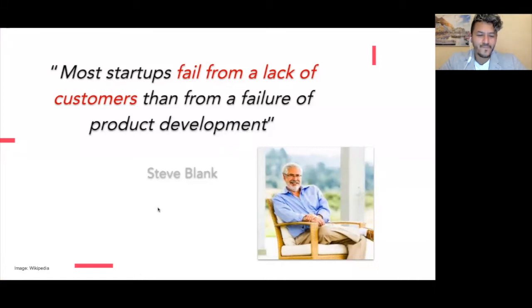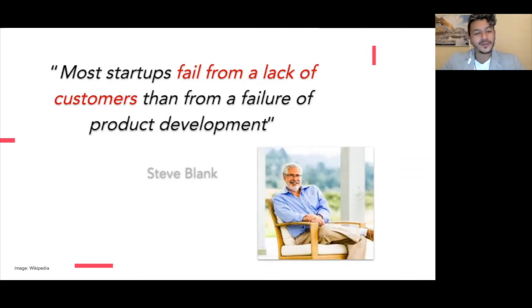Most startups and businesses fail not because they don't have the capacity or the ability to build a product. Most business owners and entrepreneurs build something. That's not the biggest issue. The biggest issue is not having enough customers that want to use, but also want to pay for a specific solution, a specific product, a specific service.